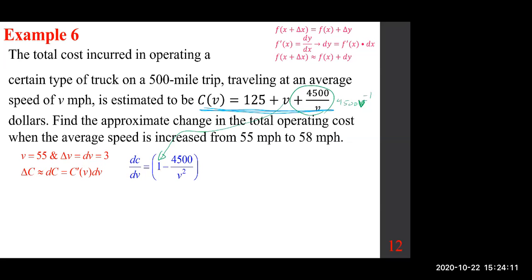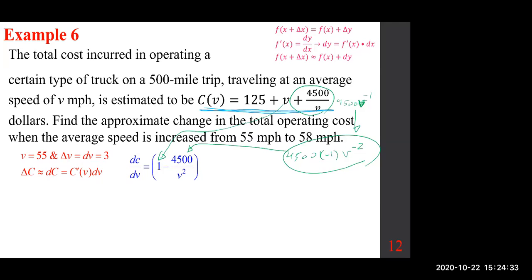Then it becomes 4,500 times -1. If you are differentiating this, it becomes 4,500 times -1 V to the power of -2. And this whole thing is the second piece.